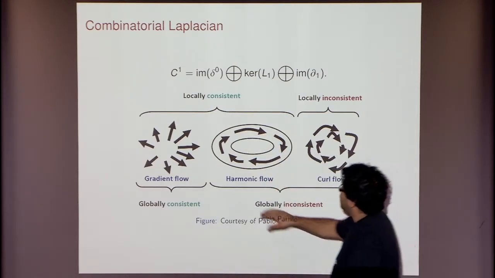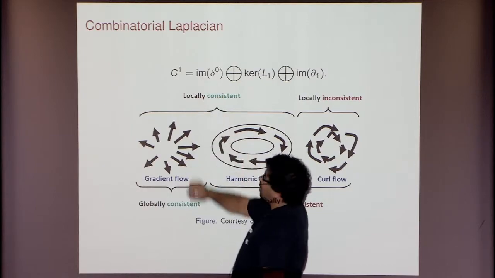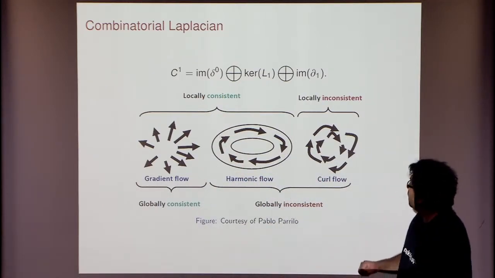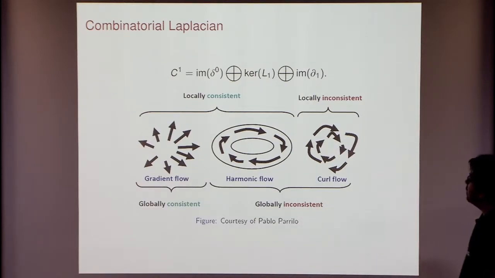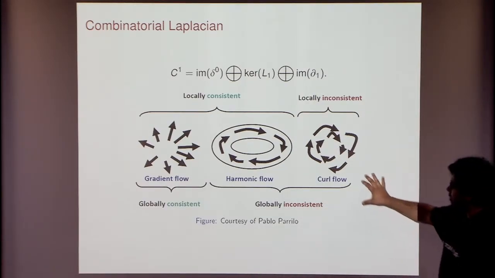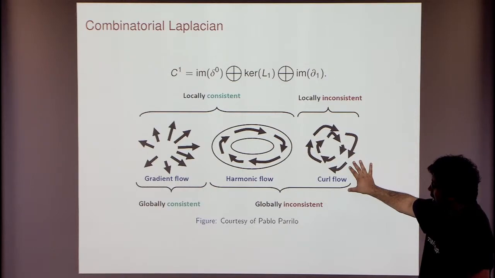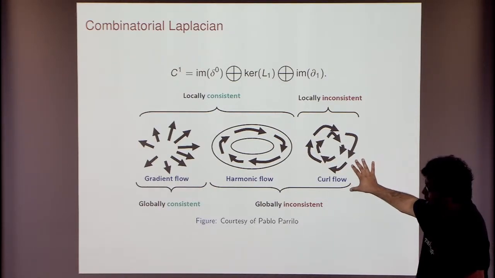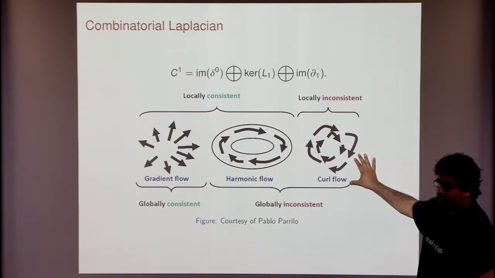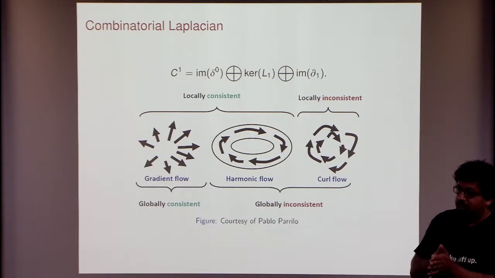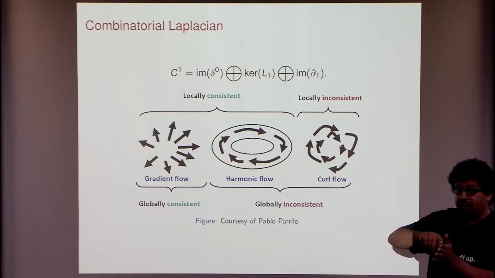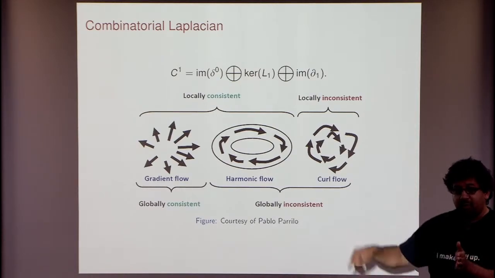Parts that are gradient flows, which is the image of delta 0, okay? And then parts that are basically curls, which are the image of the boundary operating on C2. So that's another way of thinking about it. And Lek-Heng will actually talk about this, and explain how this picture can be used to take rankings and break them apart into parts that are consistent, parts that are cycles but long cycles, and parts that are very locally inconsistent.